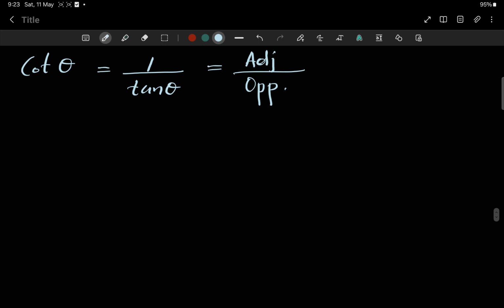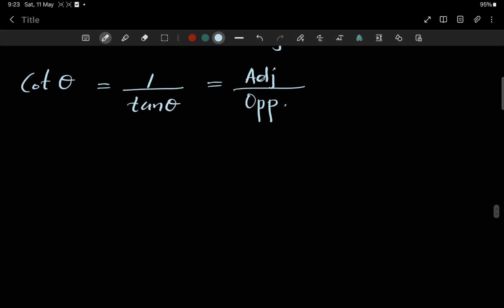I need to say some things about sin theta, cos theta and cosec theta. You know that sin theta equals opposite side by hypotenuse.